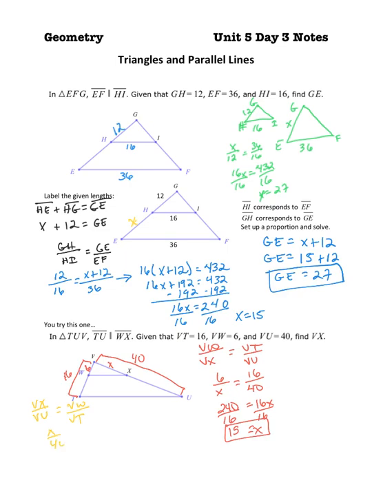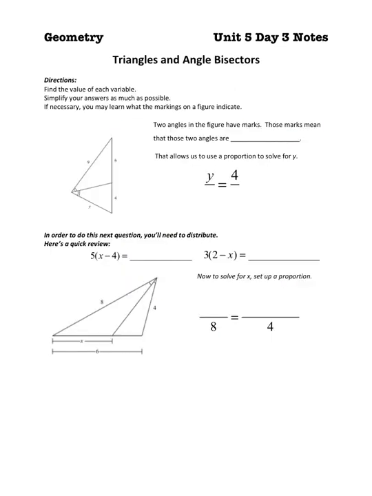X over 40 equals 6 over 16. 240 equals 16x, and we know where that's going. The key thing is being consistent. If you do the small one first, you do the small one first on the other one too. You must remain consistent.